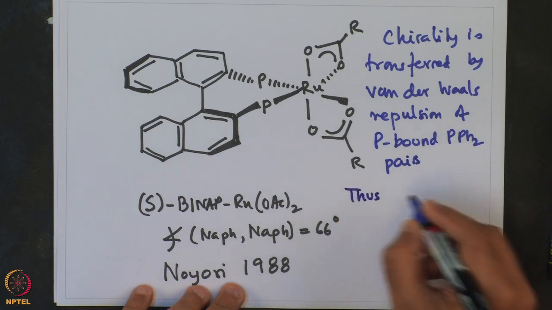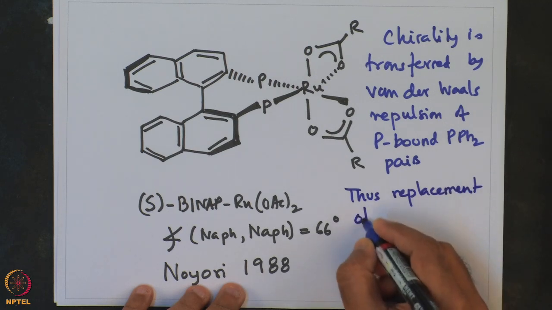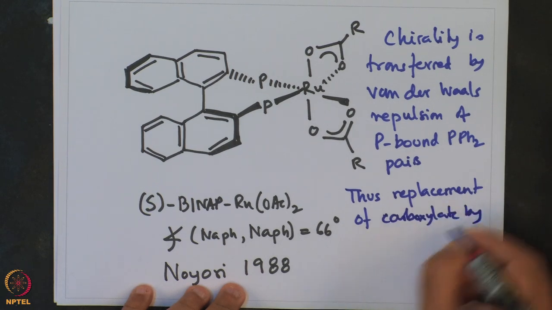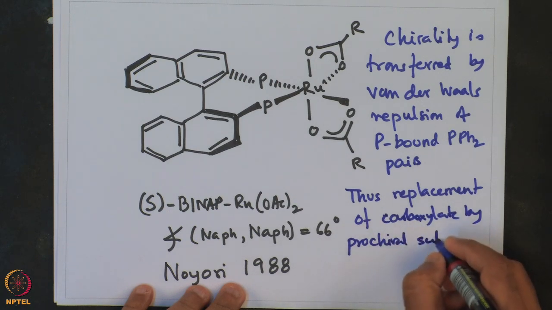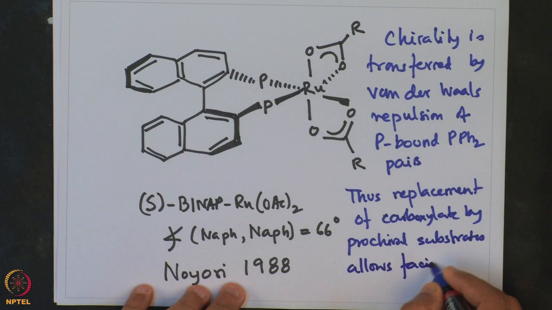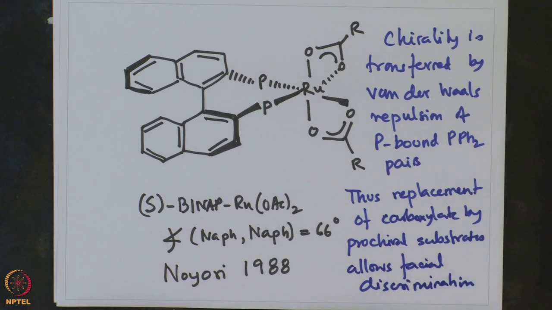Thus, replacement of carboxylate by prochiral substrate allows facial discrimination, and this is what leads to the origin of enantioselectivity.